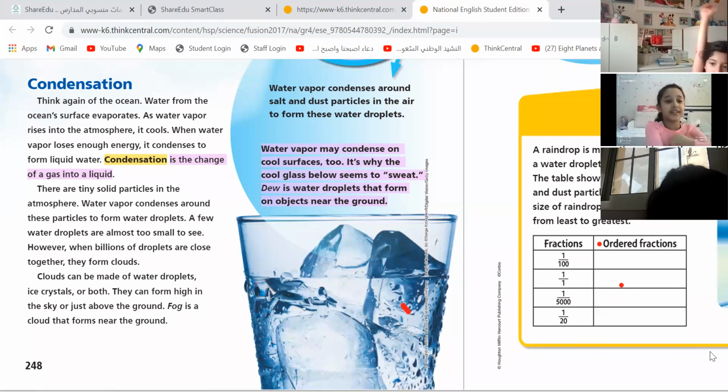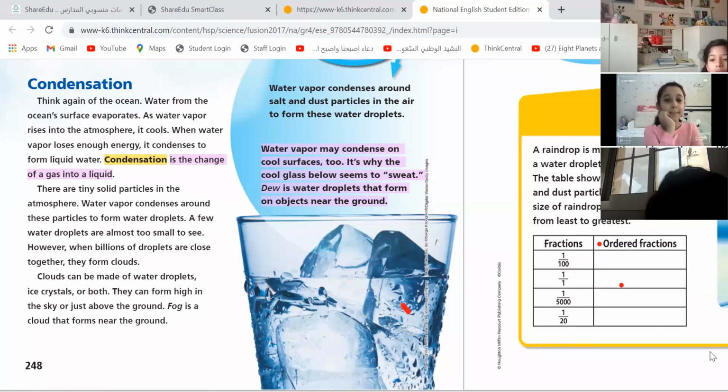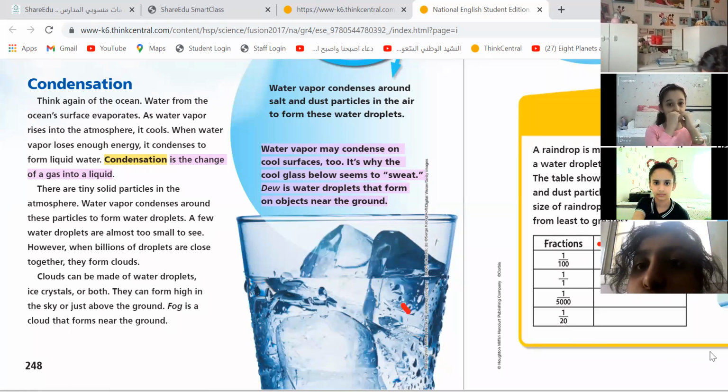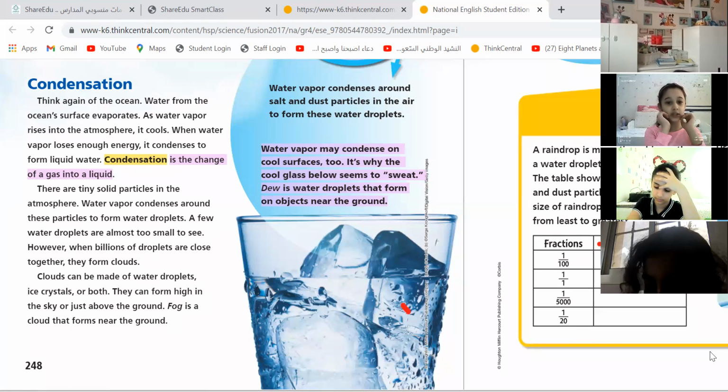What about if you are in the shower? Maybe you are using warm water. Try to blow on the mirror. What is going to happen when you blow on the mirror? A small cloud will form. Yes, and this is condensation. You can draw on the mirror if you touch it, and the mirror will be wet.